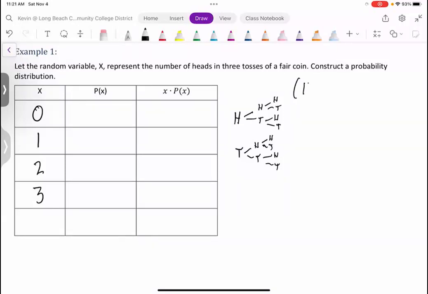We have 3 heads, 2 heads and a tail, head, then tail, then heads again, or a head and 2 tails.